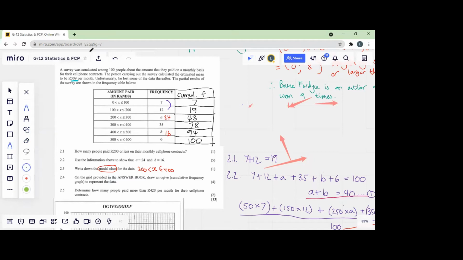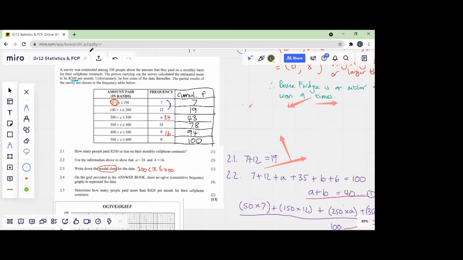In this particular question, it's possible for us to start at 0. But it really depends on the data. If you were talking about data where it's not possible to start at 0, so let's say something like the weight of a sample of matric learners or the height of a sample of matric learners, we're not going to start at 0 because people aren't going to weigh 0 kilograms and they aren't going to be 0 meters tall, right?